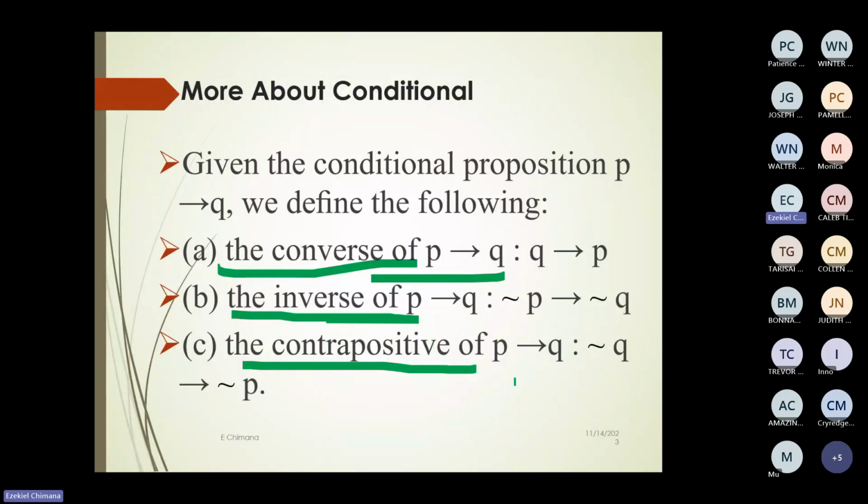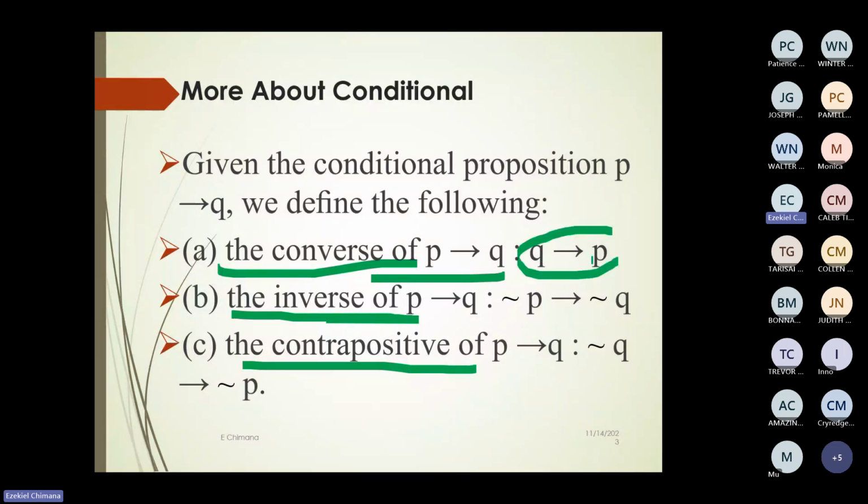Then the contrapositive of P implies Q, you need to interchange. The first thing is going to have Q implies P, and then you negate. The contrapositive is just the negation of the converse.